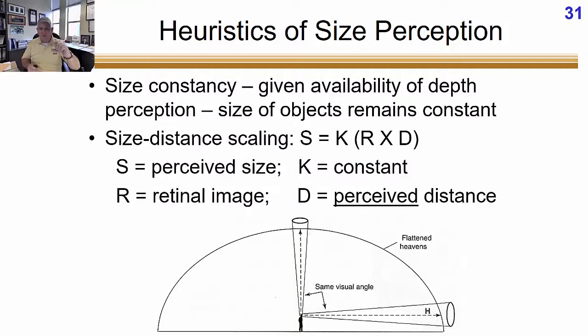And then you have the actual retinal image and the perceived distance from the retina, right? So if we think about the flattened heavens illusion, the retinal image is the same, right? The moon doesn't change size if it's straight up and down right above us or if it's at the horizon, right? But our S perceived size changes because we think that the distance to the moon is much further when we have cues, right, than when we don't have cues.